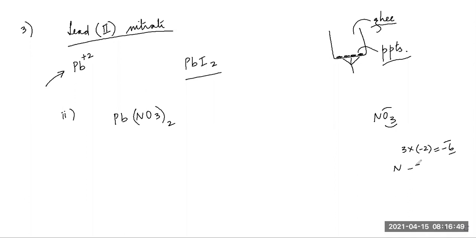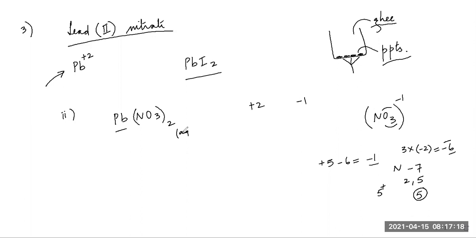Nitrogen is 7, 2 5, 7 protons, 7 electrons. So let's say it can share all the 5 electrons, so like +5. So N and O3, plus 5 minus 6, is ultimately -1. So -1 is the valency of nitrate, right? So lead is +2, so it becomes Pb(NO3)2.